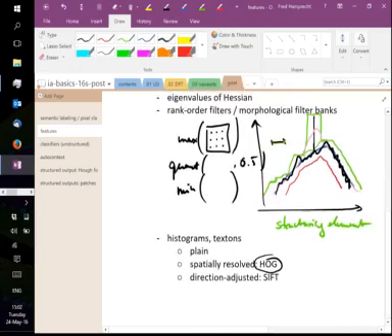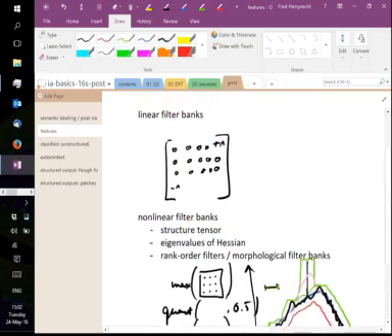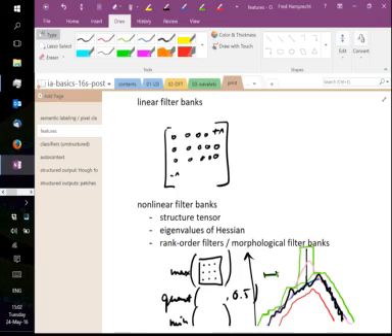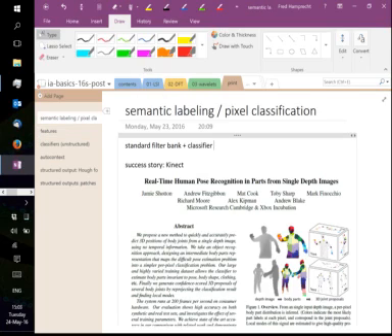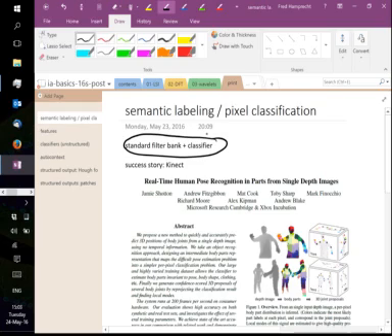These are really the ones that many people have used and reported good results with. That doesn't mean it's free of parameters. You still need to say what is the smallest and the biggest kernel size that you are using, but those are widely popular features. Altogether, today I'm always talking about a filter bank that the human supplies, and the classifier then picks the ones it likes or combines them.